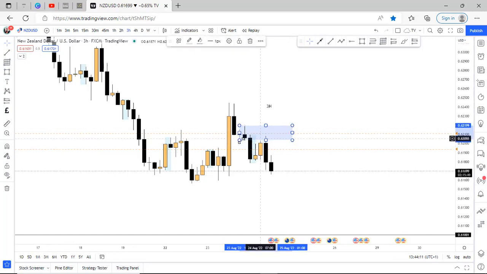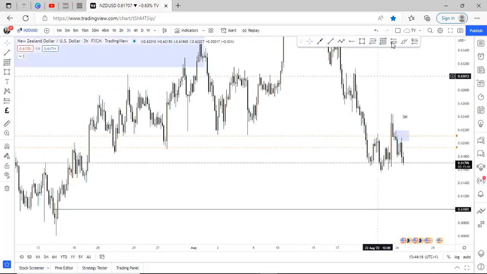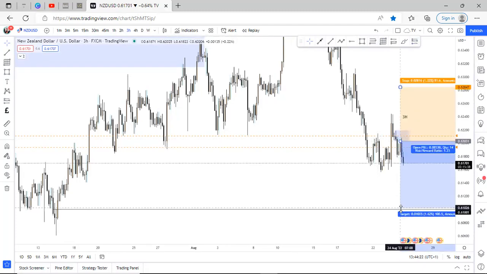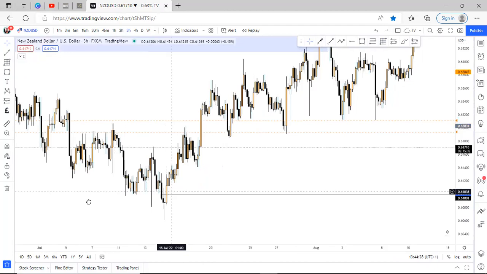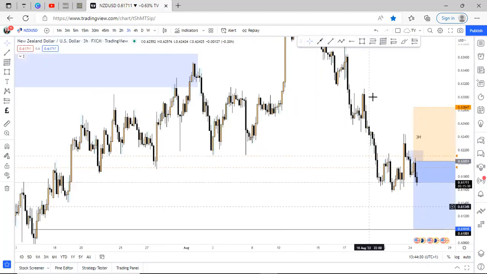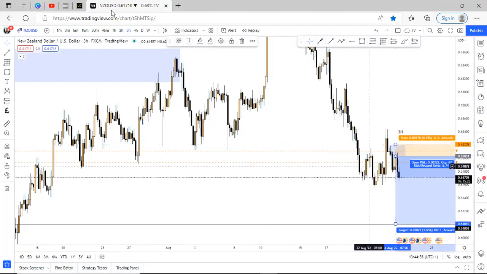This was the supply zone, and for take profit on this NZD USD, if I had gotten an entry, I would be taking profit at this imbalance right here on the 3 hours time frame, and for stop loss just at this 3 hours candle.